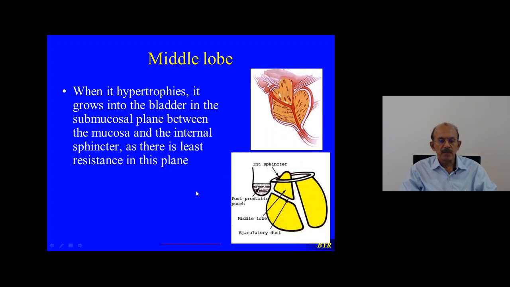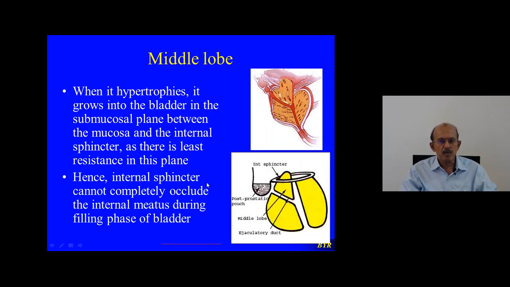It grows into the bladder in the submucosal plane between the mucosa and the internal sphincter, as there is least resistance in this plane. Hence, the internal sphincter cannot completely occlude the internal meatus during the filling phase of the bladder. So the internal sphincter cannot completely close because something is projecting into it. It cannot do its total closure of the bladder neck.